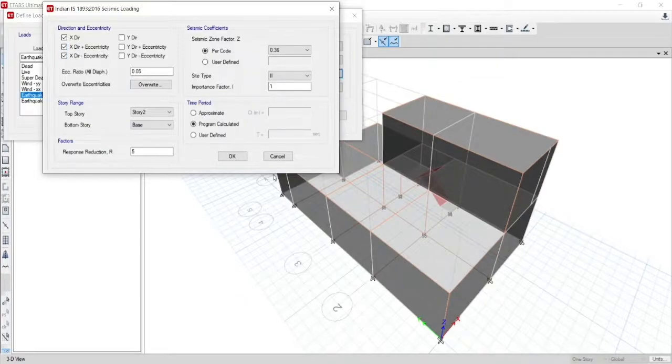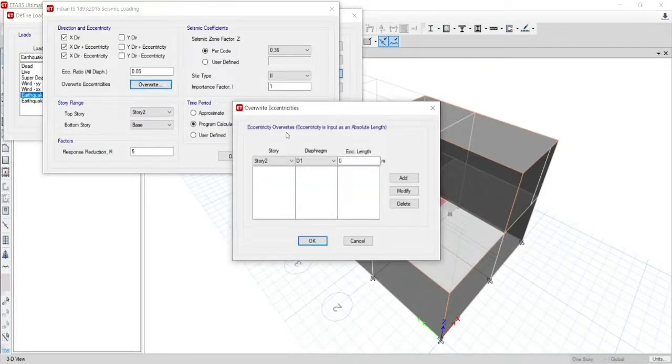Okay, what this means is, if you have the mass centroid here, the earthquake might occur on the positive side or on the negative side. So it can occur on both sides, with at least 0.05 of eccentricity. If you need any additional eccentricity, you can override and provide it here. Okay.